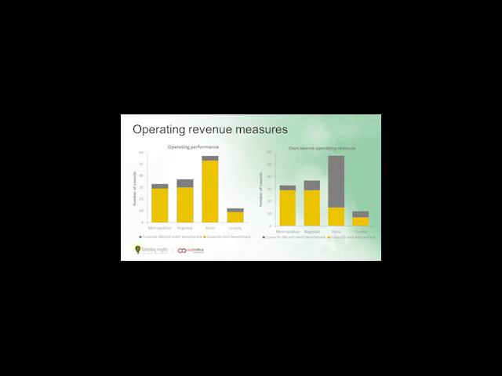The receipt of the 2017-18 financial assistance grants in June last year did help the operating performance of councils. Without these grant payments, another 20 councils would not have met OLG's benchmark for operating performance.